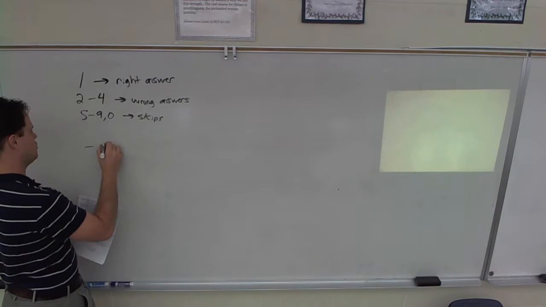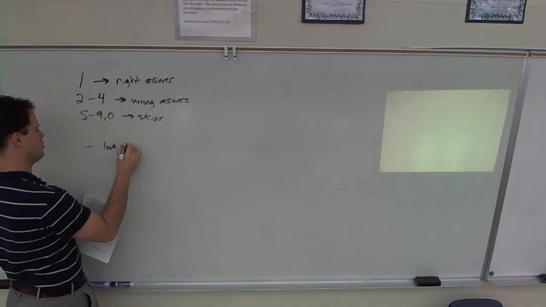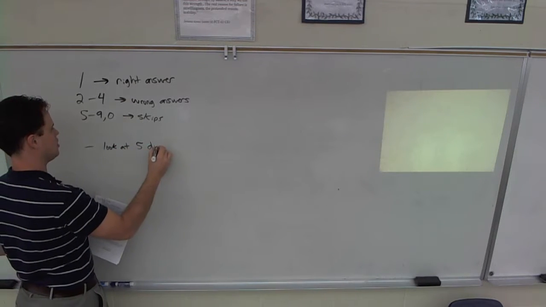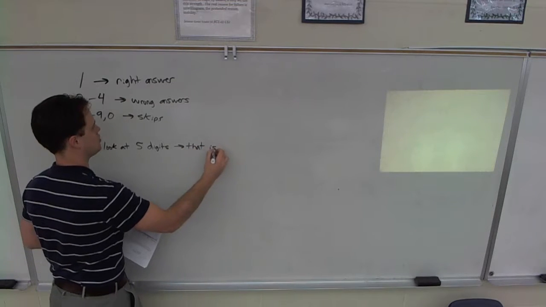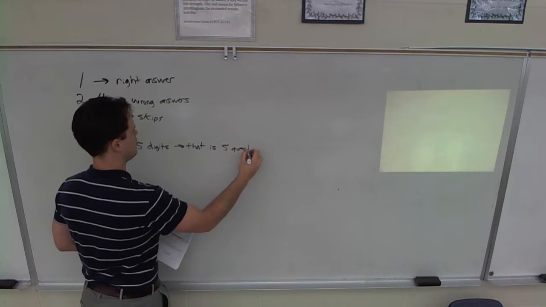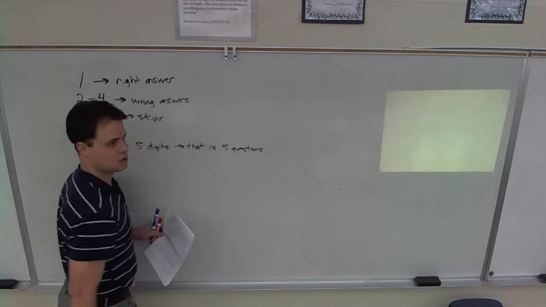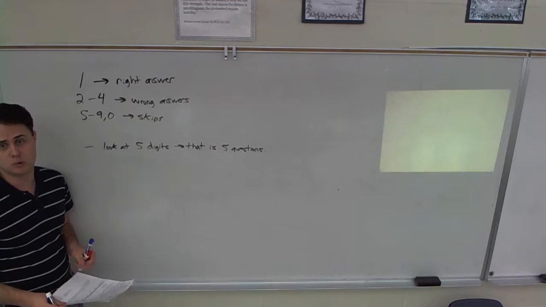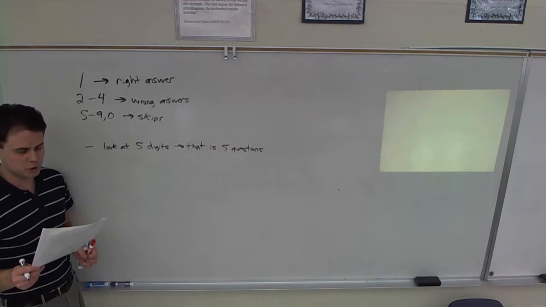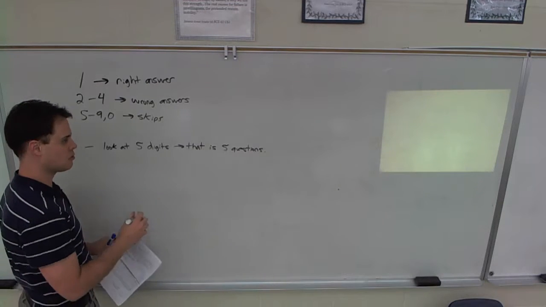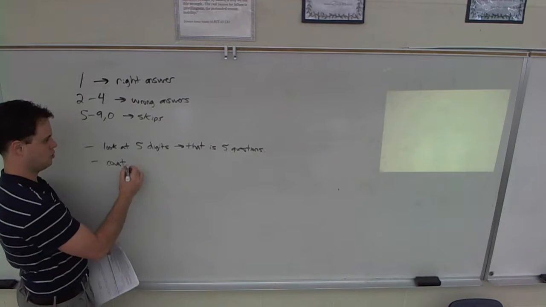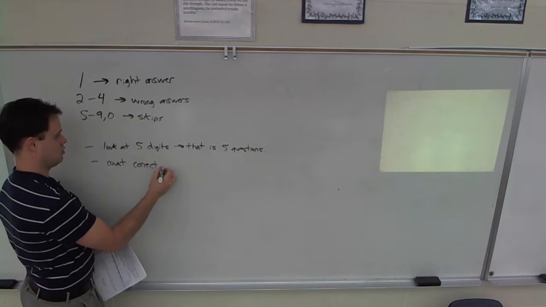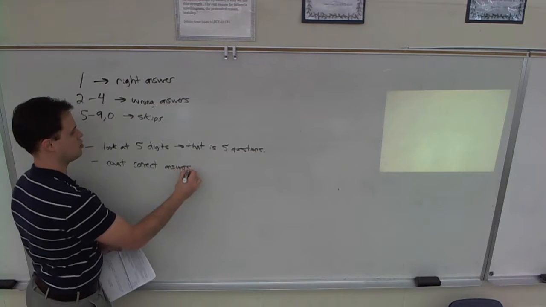We'll look at 5 digits at a time, because that is 5 questions, which simulates 1 complete quiz, right? So that's our stopping rule, or when a trial ends. So that's going to be 1 trial. And what are we going to count? What's our response variable? We're going to count the correct answers. Just how many total, right?